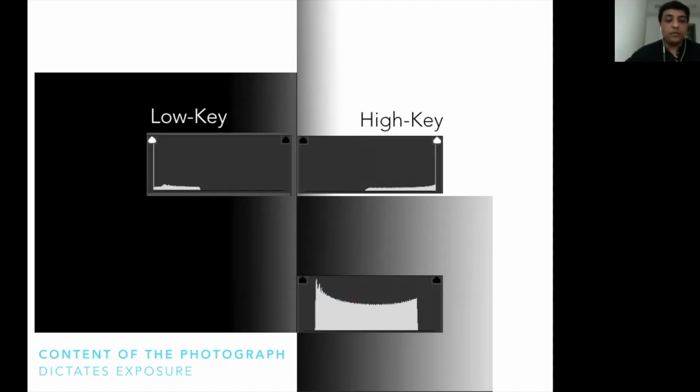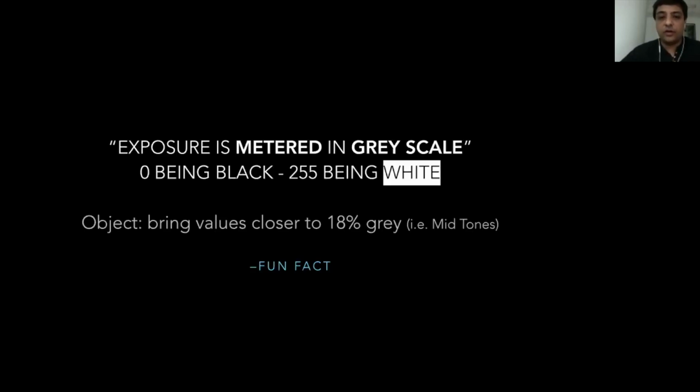Now histogram per se, as I've said, does not say whether exposure is correct or not. That is always a creative control that a photographer has to decide whether that exposure is correct or not. Now, exposure in any camera is really metered on grayscale.